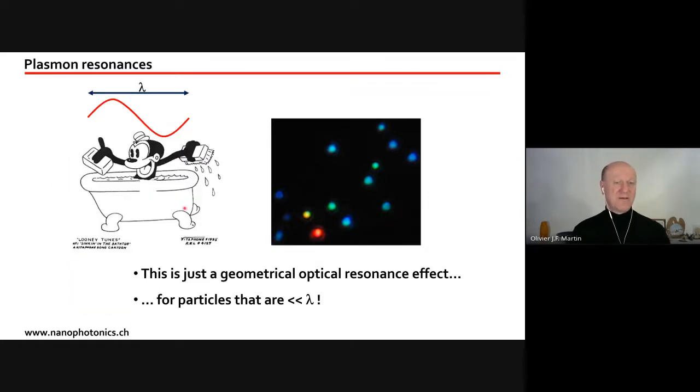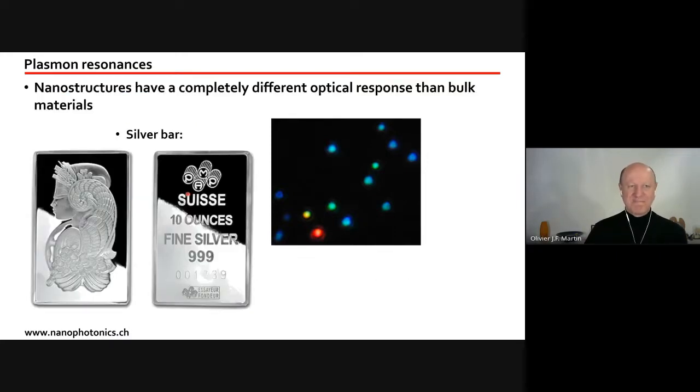If you are in your bathtub and you want to make a big wave, you're not going to flip your hands around gently. You're going to move forward and backward in your bath until you make a wave which has a wavelength comparable to the size of your bathtub. And that's not the case here. So something special is definitely happening in these nanostructures.